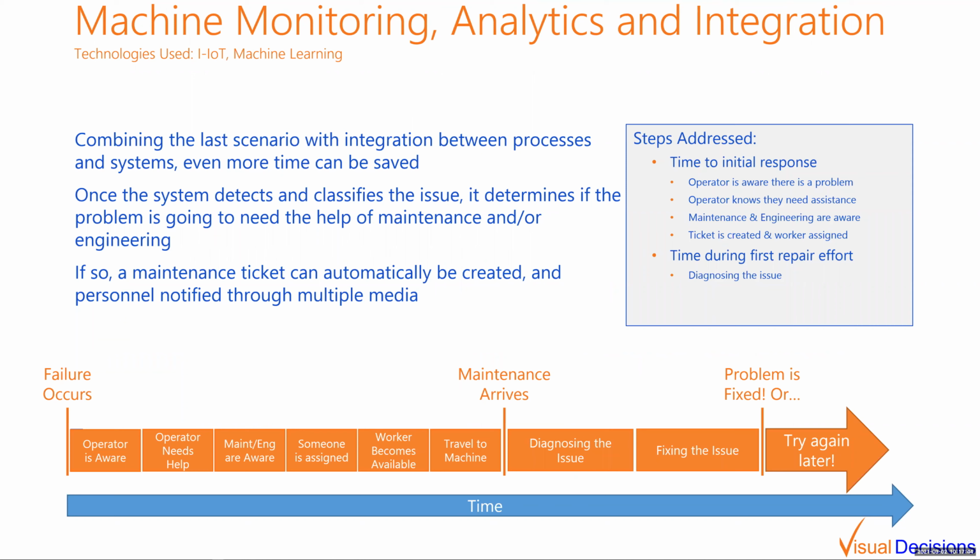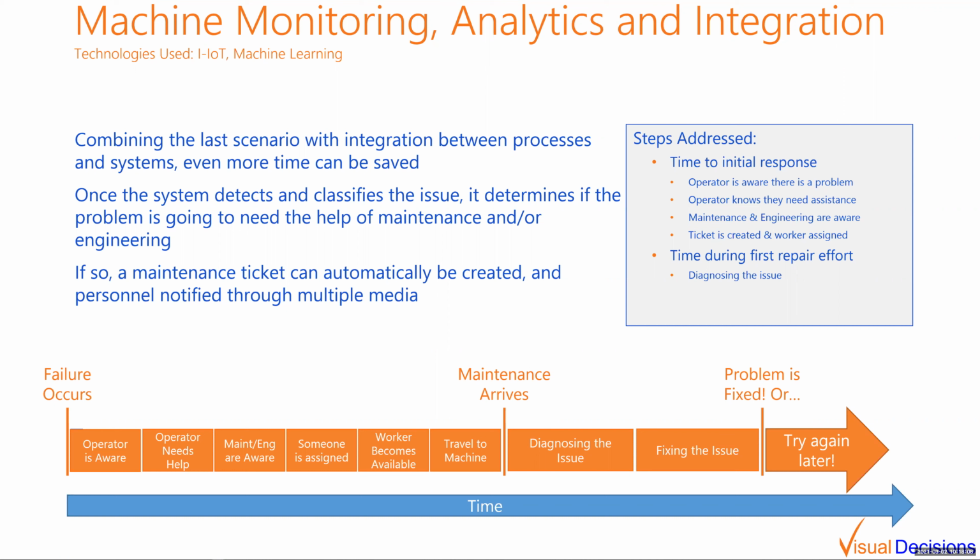So the next step is taking what we've done before, but adding integration into this. One of the great things about these IIoT systems is that they are built to integrate with just about everything, so they can act as a hub on the shop floor for coordinating different activities.